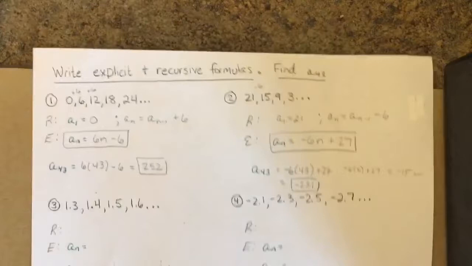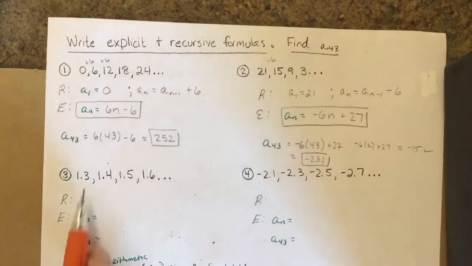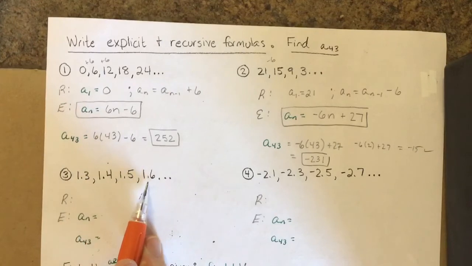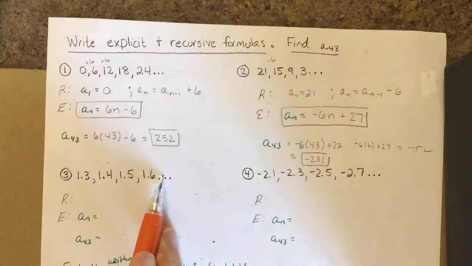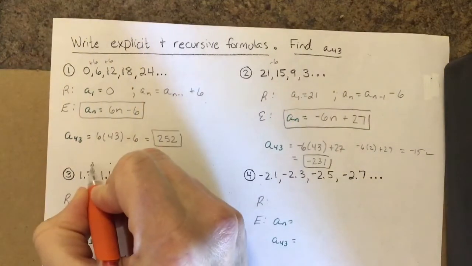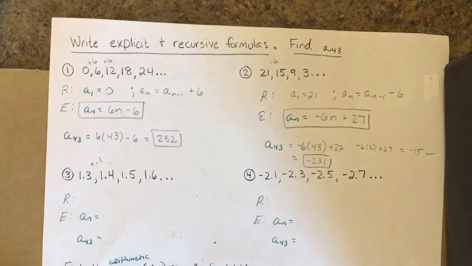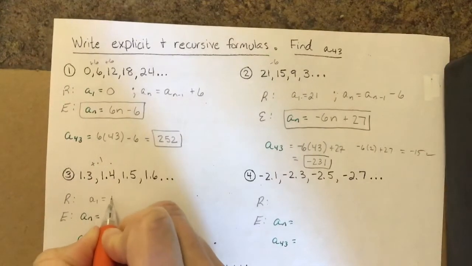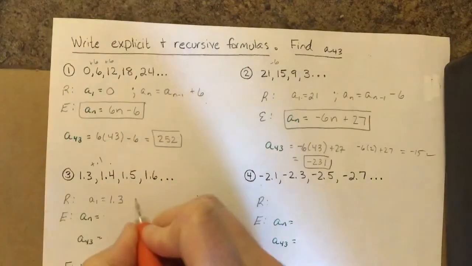How about number 3? 1.3, 1.4, 1.5, 1.6. I know you know it'd be 1.7 next. So what's the common difference? Each time it's going up by 0.1. So the recursive formula: the first term is 1.3.